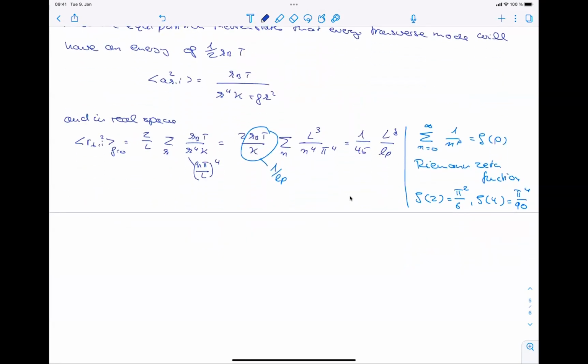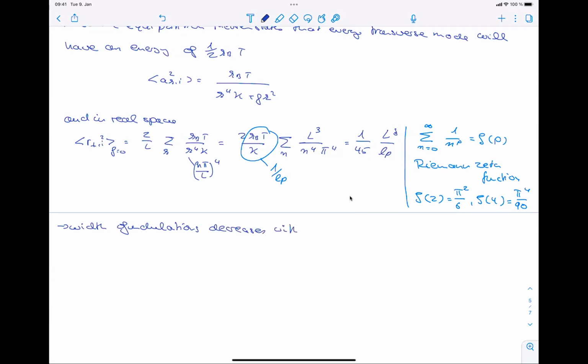So that tells us that the width of the undulations grows with the length of the polymer to the power of 3, but also the stiffer the polymer becomes, so the width of undulations, the amplitude in a sense, decreases.